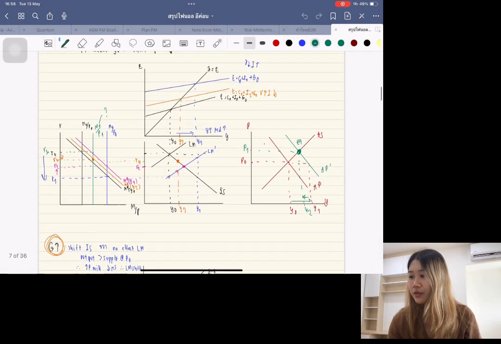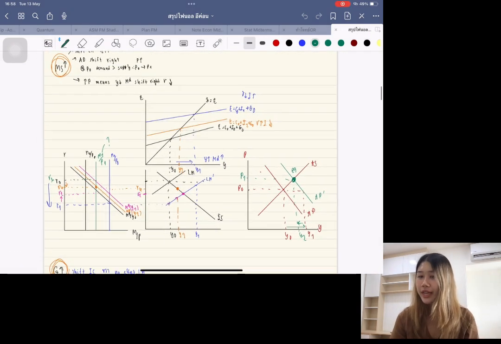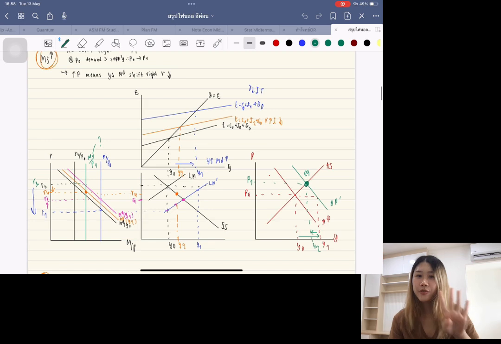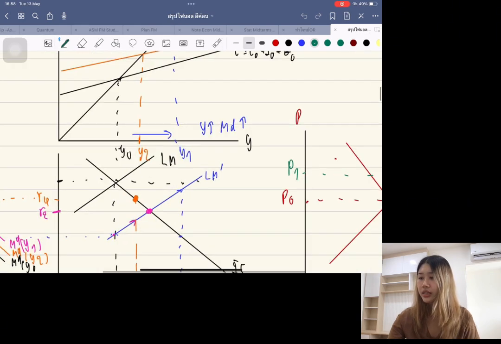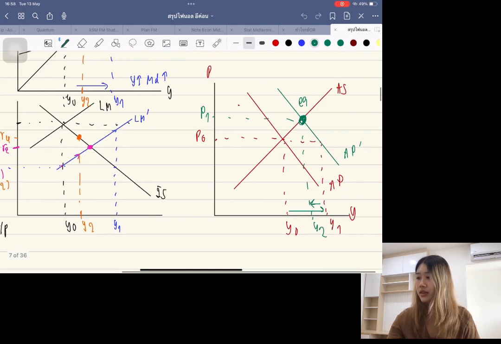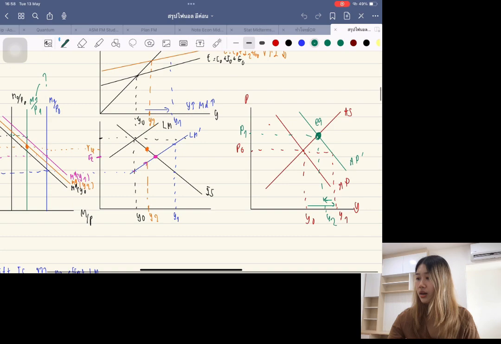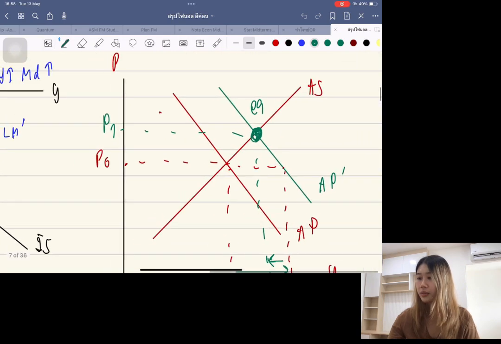Okay, this is how it looks. You have to shift graphs, like most of it, like 4 of them, between the IS and LM curve, and then it will link with the aggregate demand and aggregate supply curve.